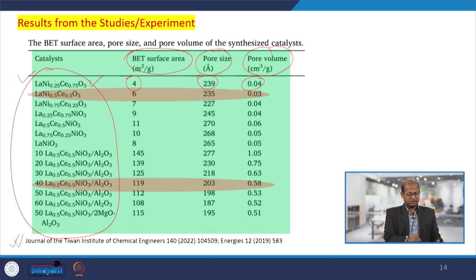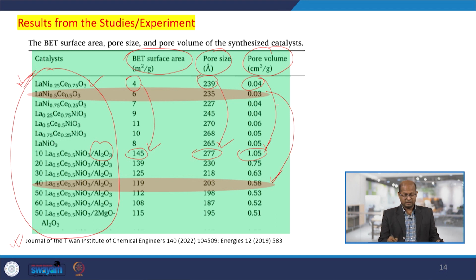This was the bulk catalyst. When a support was used to make the supported catalyst, the same catalyst but with support, you can see the surface area increased from 4 to 145 meter square per gram. Pore size and pore volume also change from one material to another material.